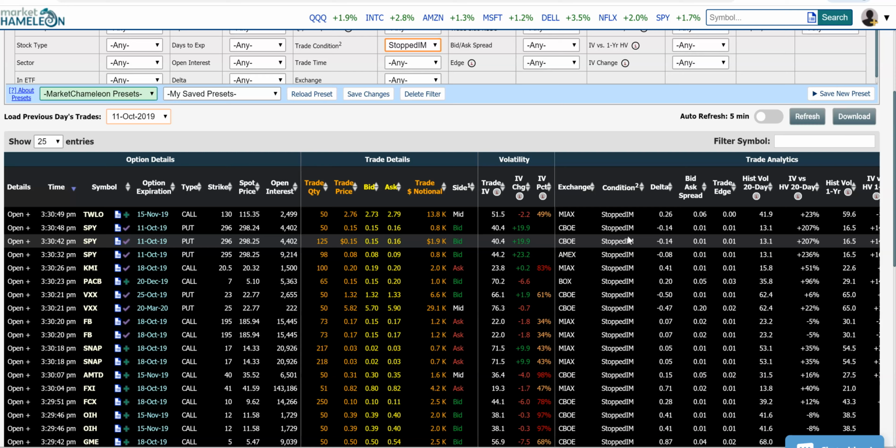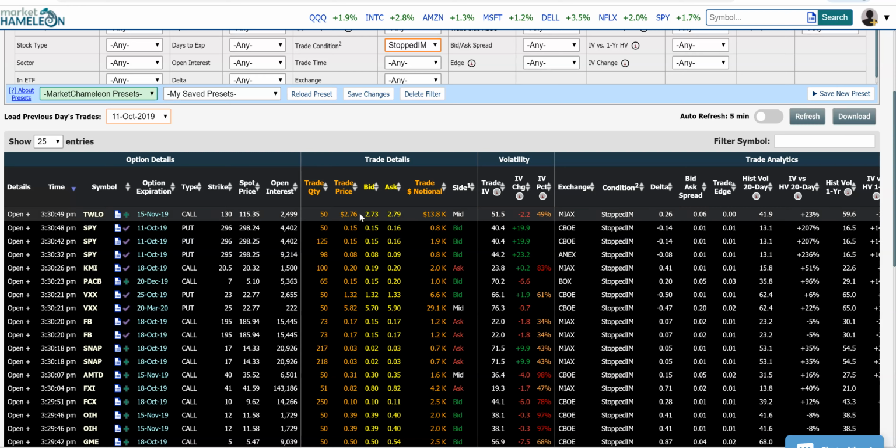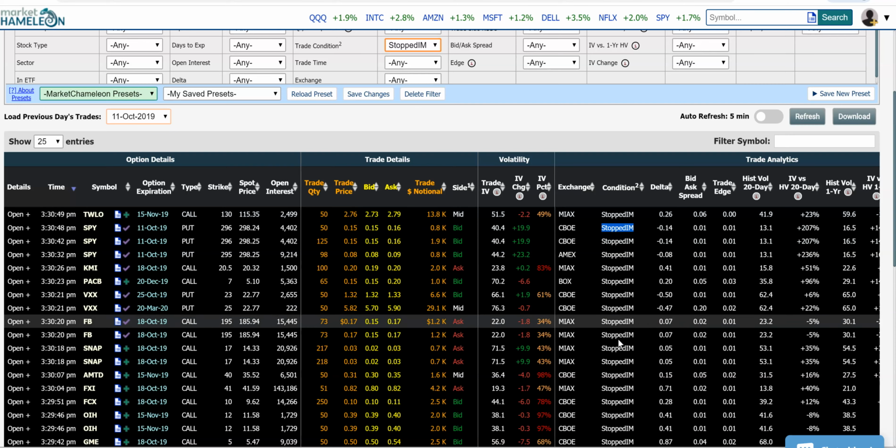Now the specialist could just say, on behalf of the customer, I'm going to try to get the better price on the other exchange, but I'm going to stop the order so I guarantee it doesn't get executed below this price. So that customer is already guaranteed the price because he stopped out at that price, while the specialist goes and tries to get that fill on a different exchange that's displaying the better price. So that's like a stop IM order.